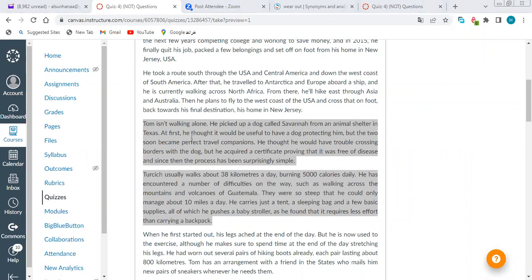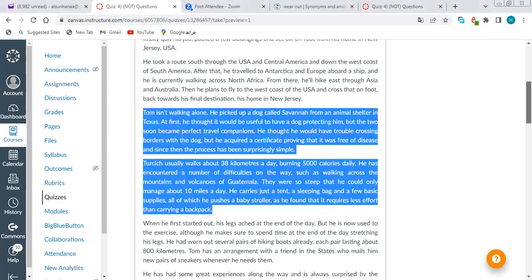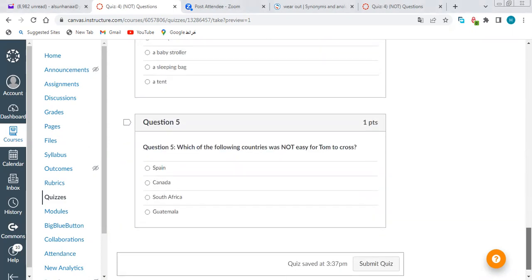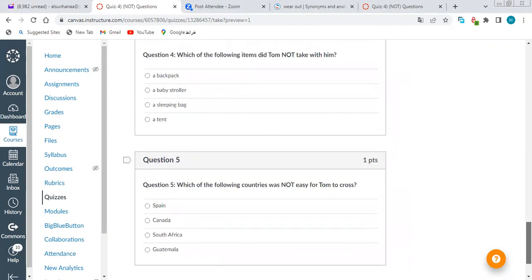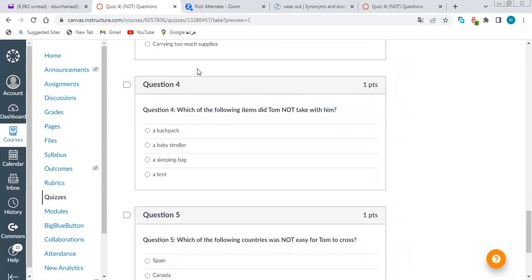Knife, baby stroller, no. Shoe, sleeping bag, no. No, guys, it's backpack. Let's look together here.